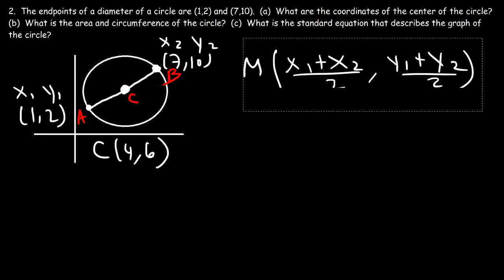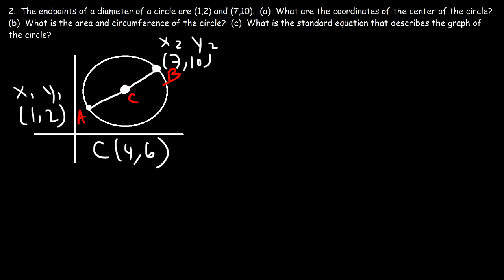Now what about part B? What is the area and circumference of the circle? In order to calculate that, we need to calculate the radius of the circle first. So how can we calculate the radius of the circle? Well, we need to use the distance formula. And here it is.